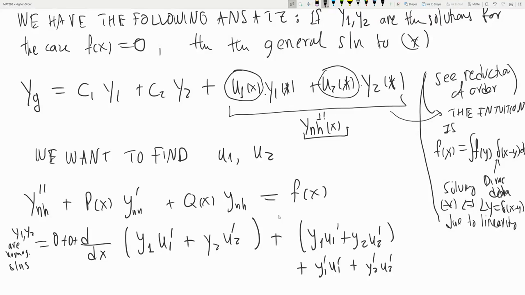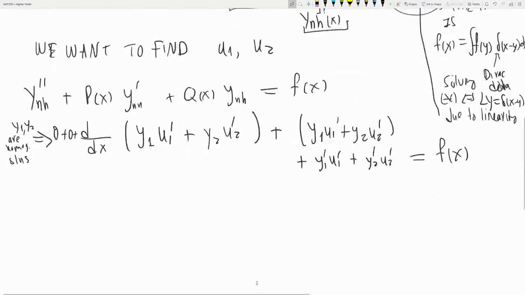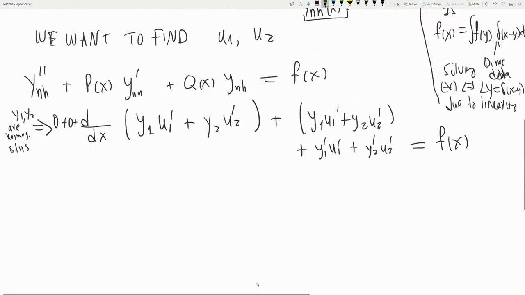So this is equal to f of x. We have two unknowns and two known parts. These are known, and these are unknown. But we only have one equation.